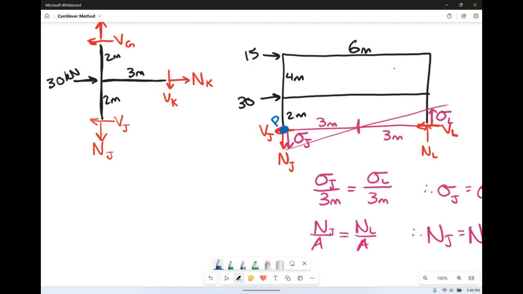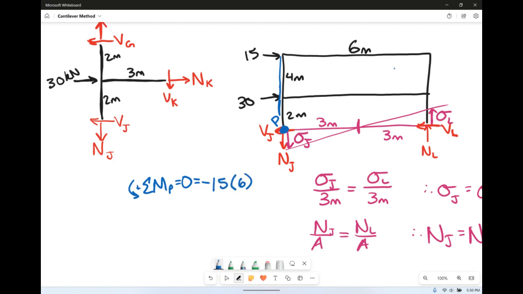So if we sum the moments about P and set it equal to 0, taking counterclockwise to be positive, what are we going to get? We've got 15 times a distance of 6 meters, because it's 4 plus 2, got to go the whole way there. It's going in the negative direction, so negative 15 times 6.